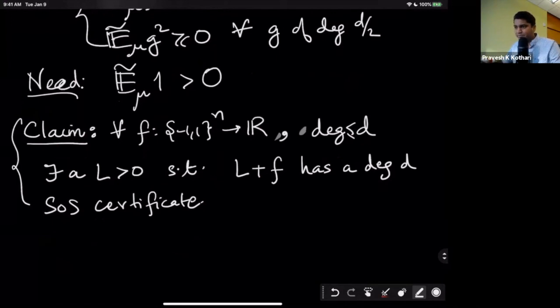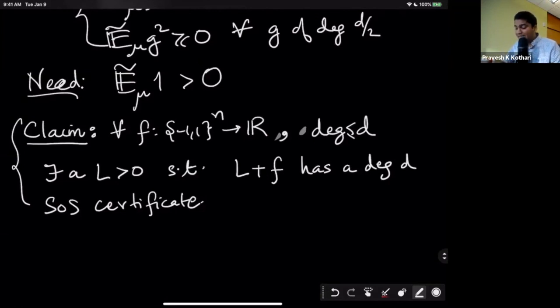Okay. So to get intuition for why this might be true, let's consider the case when degree D is 2n. So you're looking for a degree 2n certificate of non-negativity. To refresh what we've just learned about an hour ago, having a degree 2n certificate of non-negativity is equivalent to L plus f being truly non-negative over the hypercube.